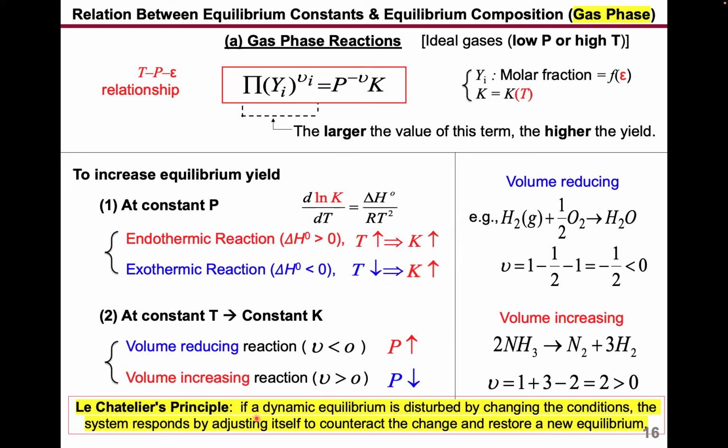The statement is that if a dynamic equilibrium is disturbed by changing the conditions, the system will respond by adjusting itself to counteract the change and restore a new equilibrium. I will let you go back and digest this statement by looking at these different trends.